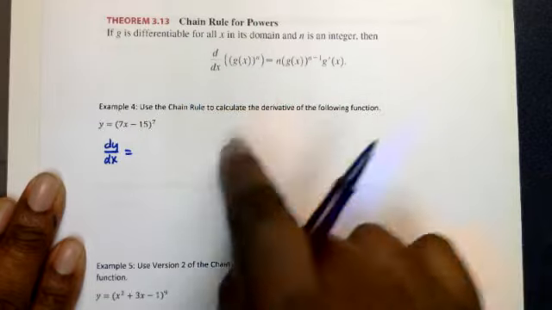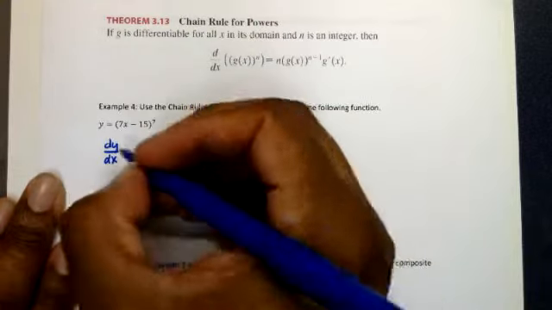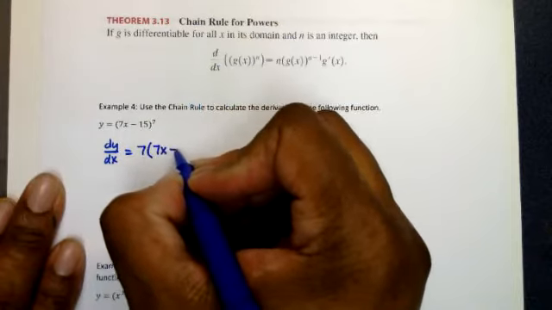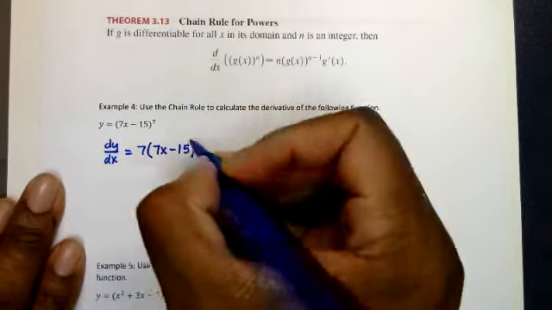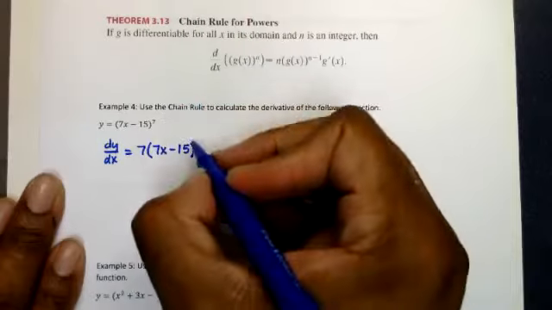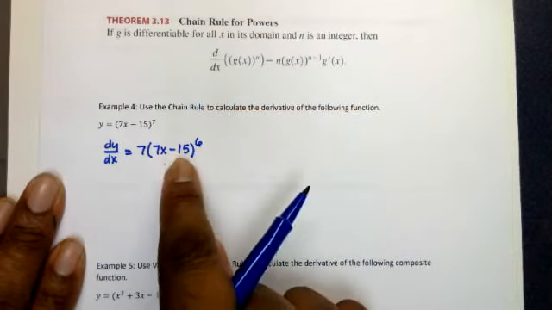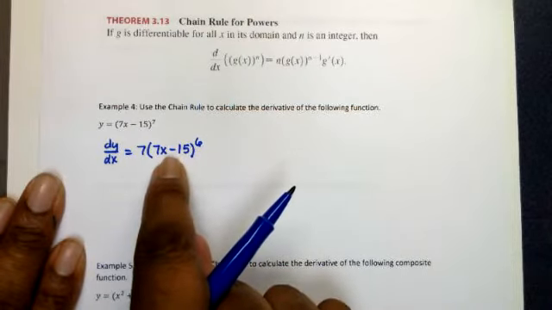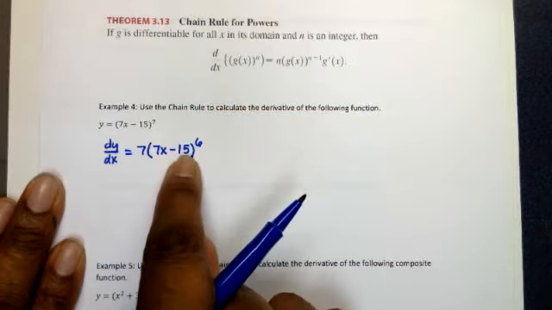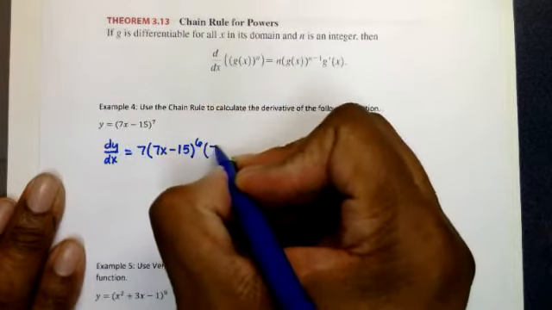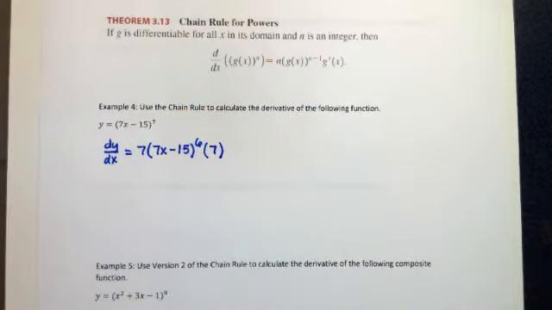Now, using this, we would bring down the exponent of 7 in front, copy over that 7x minus 15, and that's going to be to the 1 less power, 7 minus 1, that would be 6. But we're not done yet. We have to take the derivative on the inside, which is 7x minus 15. The derivative of 7x minus 15 would be just 7.